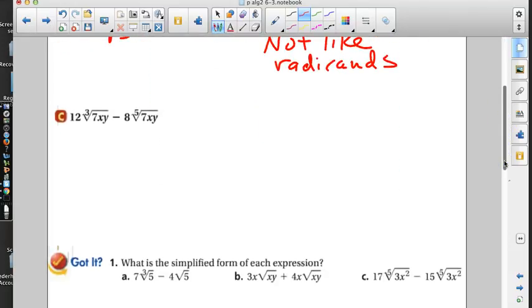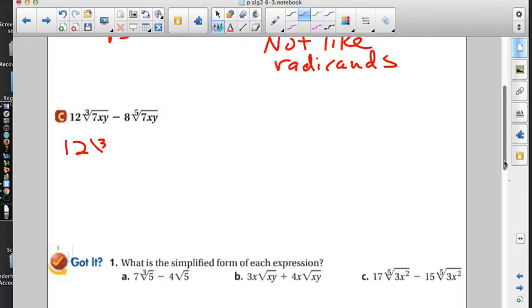All right, take a look at C. Simplified? Like radicals? Did they bait you for just a second? Did you look at it and go, yes, those are like radicals? They've got a 7, an x, and a y for the radicand. What's wrong? The index is not the same.